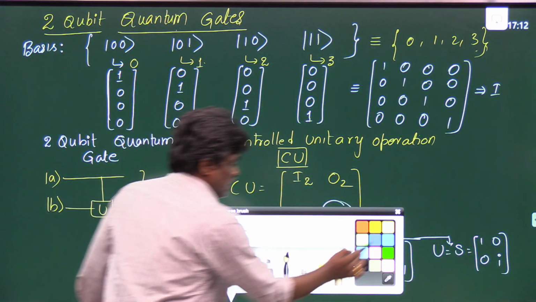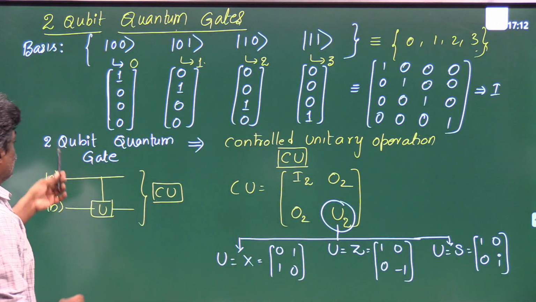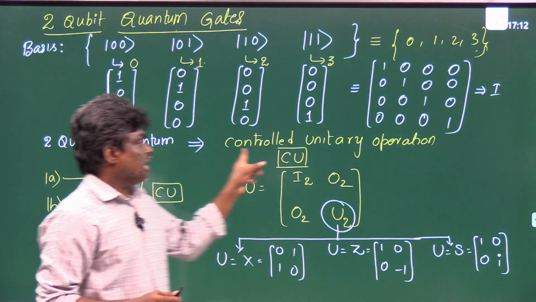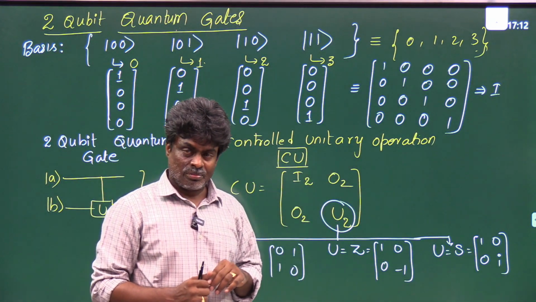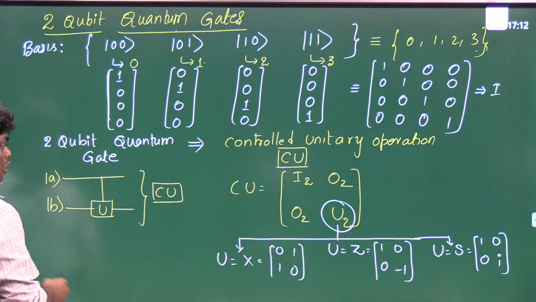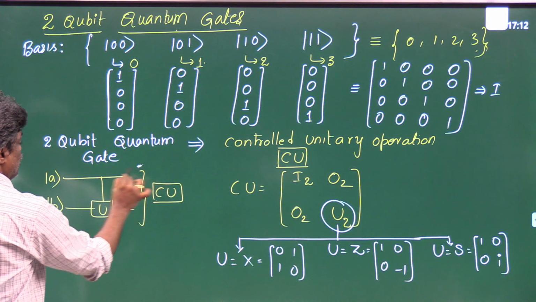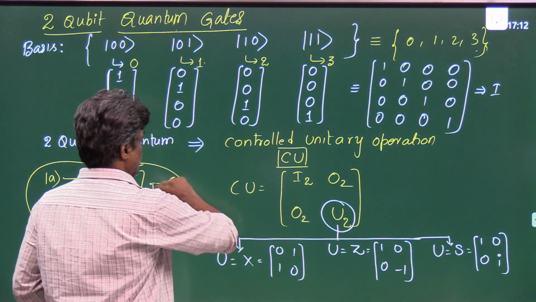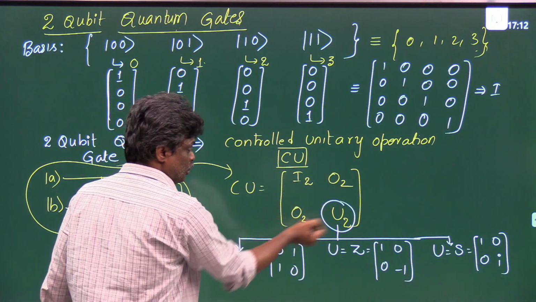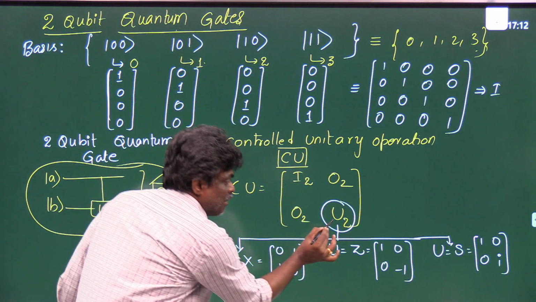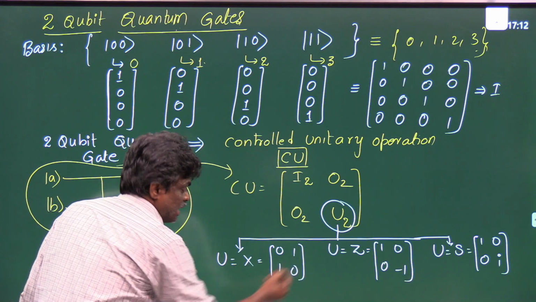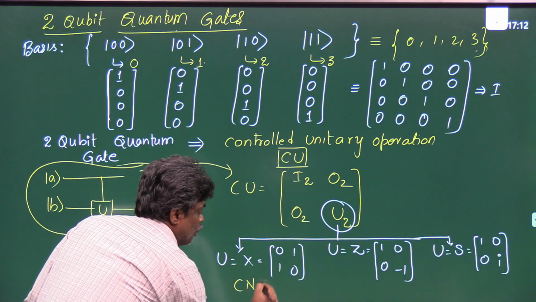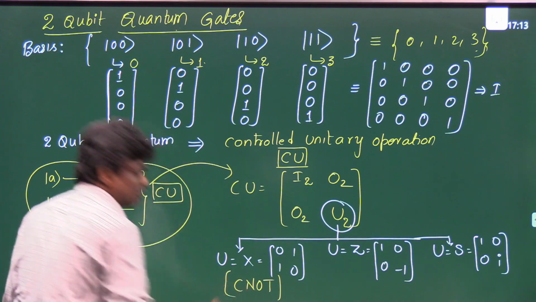Okay, now everybody understand once again. The two qubit quantum gates are represented by controlled unitary operation. This is the controlled unitary gate representation. Here we have two qubits and U is the unitary operator, represented by the matrix CU equal to I2, O2, O2 and U2. Now I have a choice for U. If I replace U with X, I will get a controlled NOT gate, CNOT.